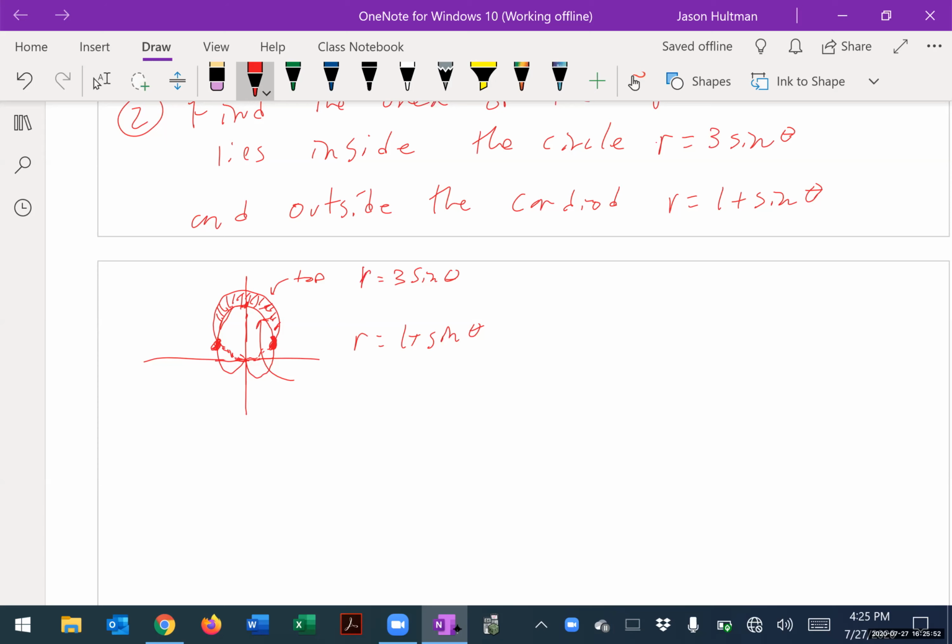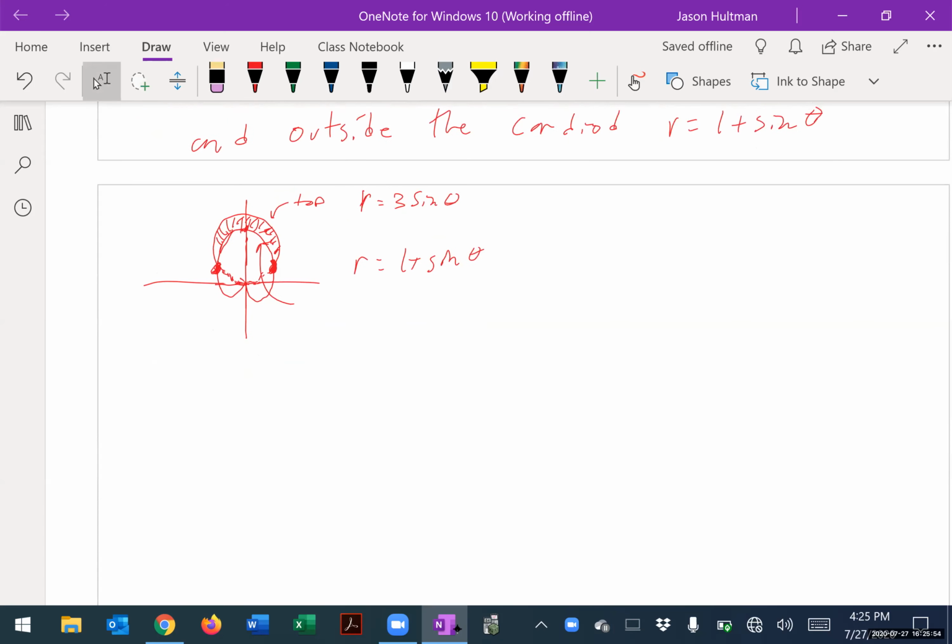Okay, so what I want to do in this case is first find the points of intersection. Then I want to take the area of the circle minus the area of the cardioid between that angular region. So first I need to find out where these intersect.